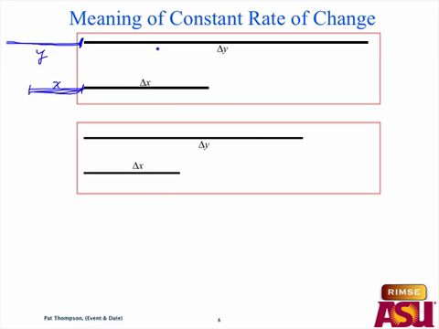Let's say up here, delta y. About how much is delta y given delta x? What would we multiply delta x by to get delta y? What would you say? 2?